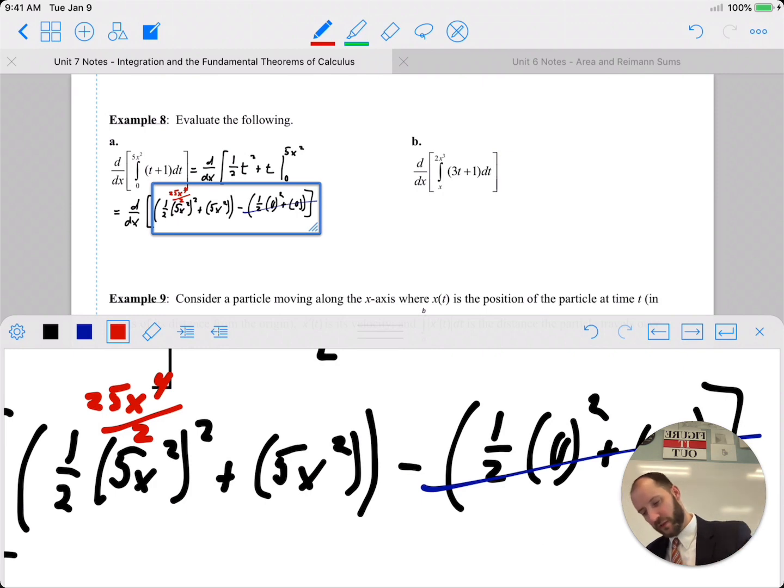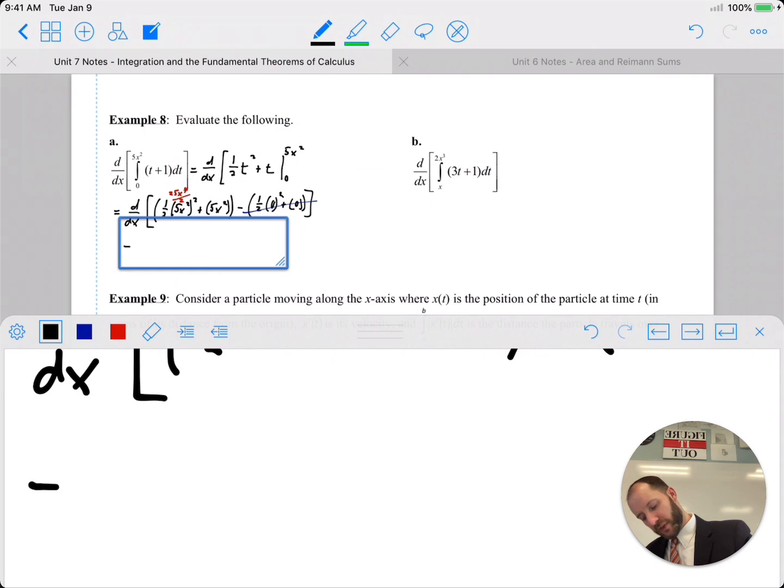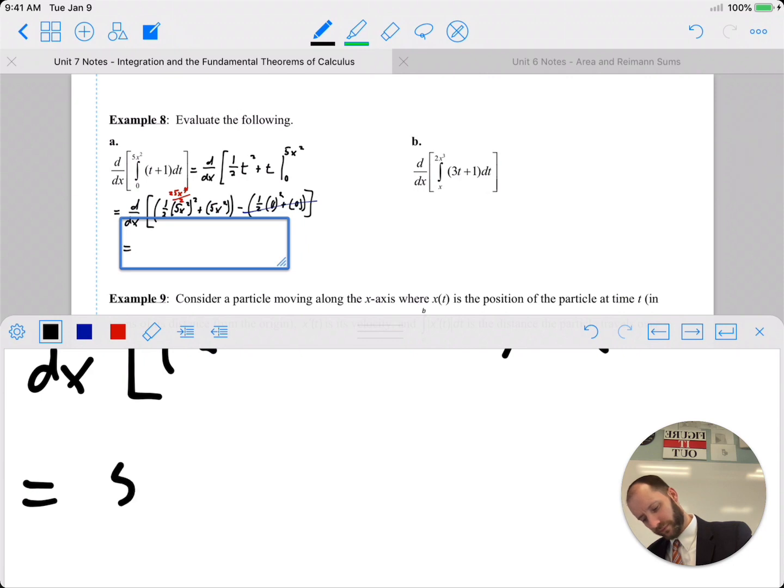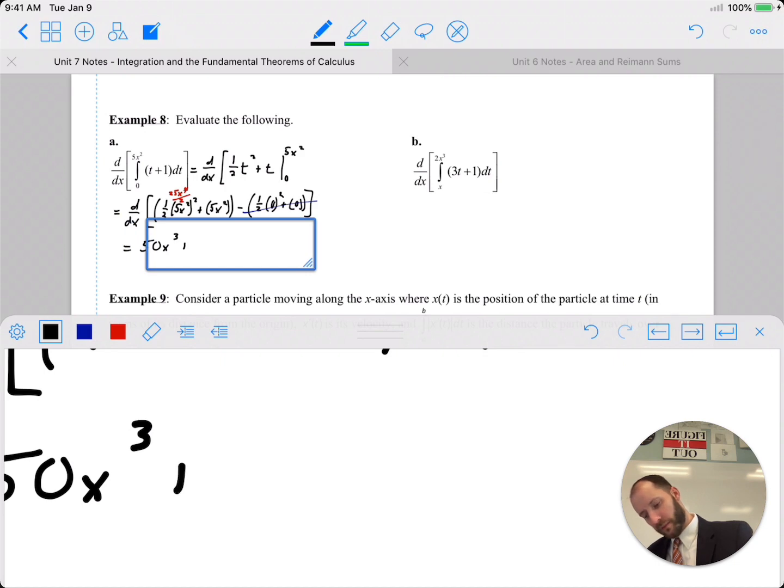Now take the derivative of this. 25x to the 4th, so bring the 4 down, that's 100 over 2, so 50. x to the 4th is now x cubed, plus 10x.